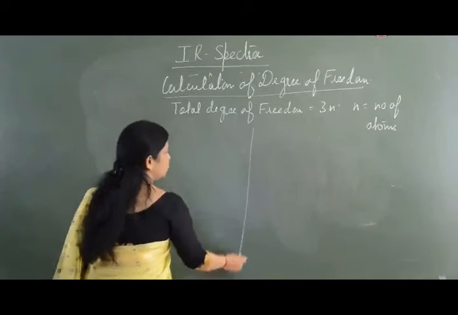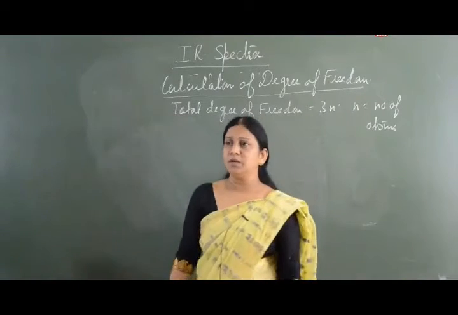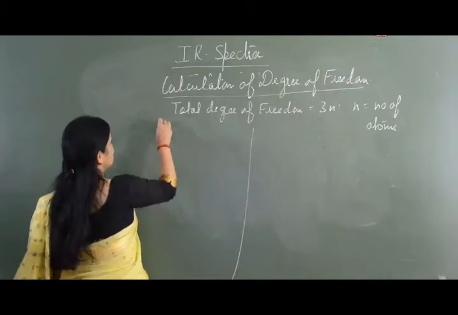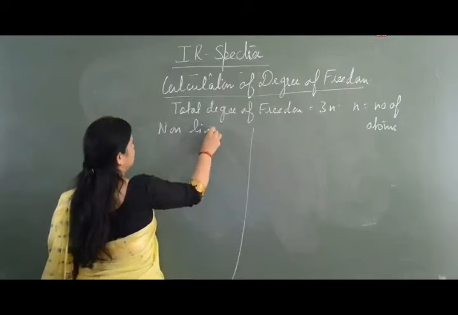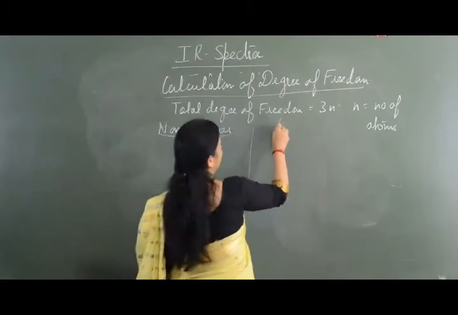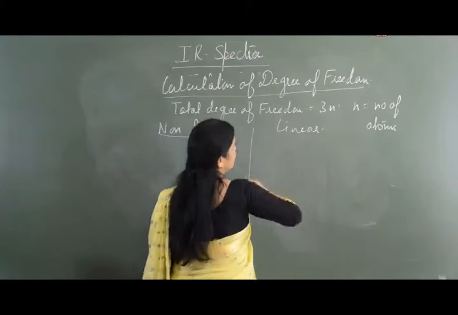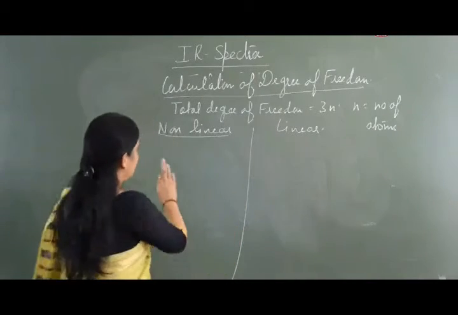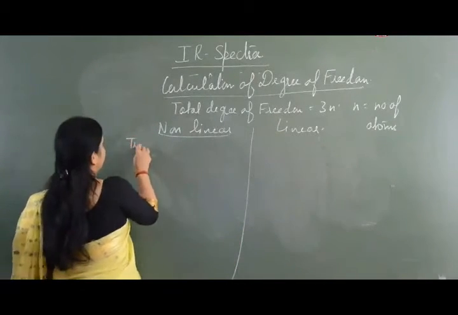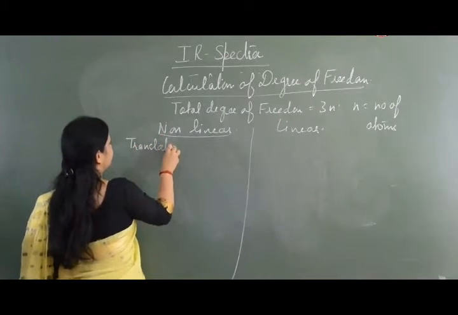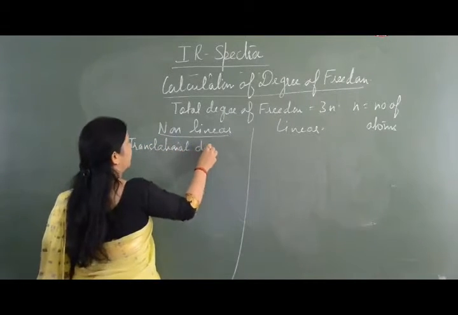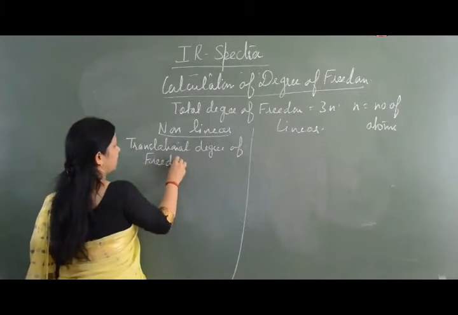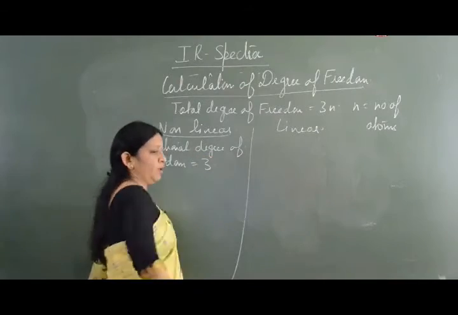Now we have two types of molecules: a linear molecule and a non-linear molecule. Suppose here we are going to discuss non-linear and here linear molecules. So first I consider the translational degree of freedom, which is equal to 3.